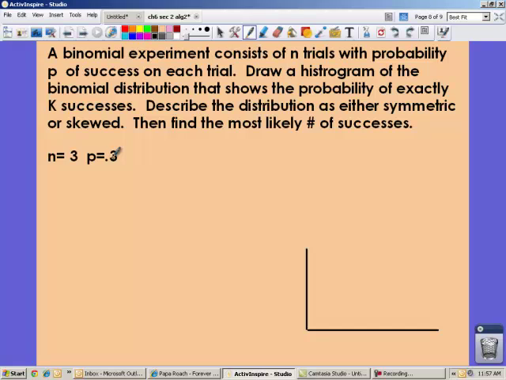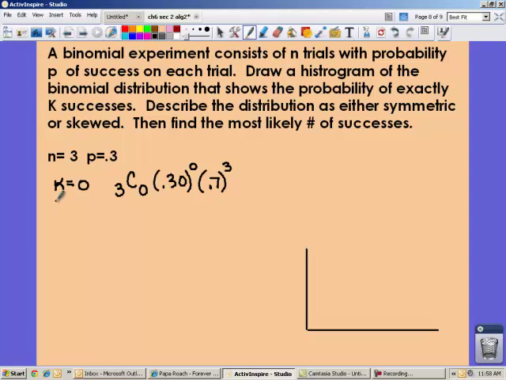And so we're going to make a histogram from 0 to 3. So let's start with 0. We're going to follow the formula that I gave you. We want the k to be 0 for this one. Now 1 minus 0.3 is 0.7, and the failures would be 3.